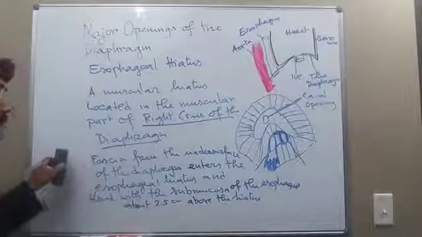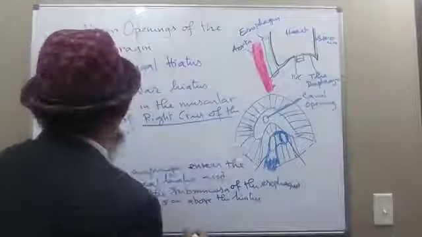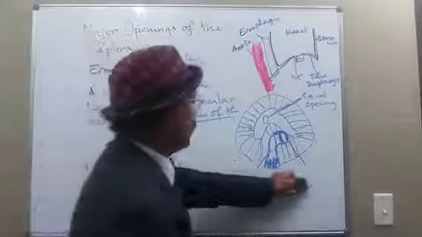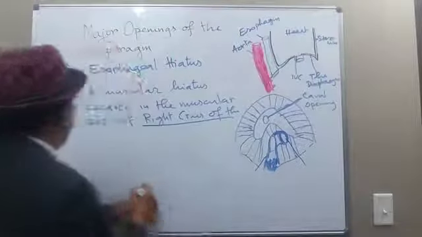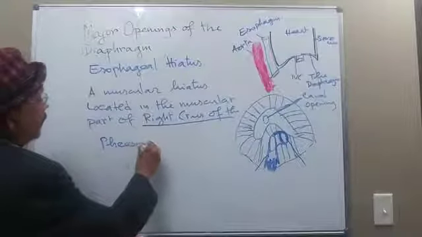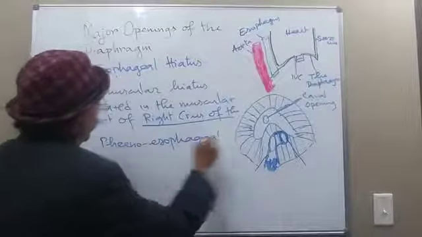What is the name of this fascia? This fascia is called the phrenoesophageal ligament.